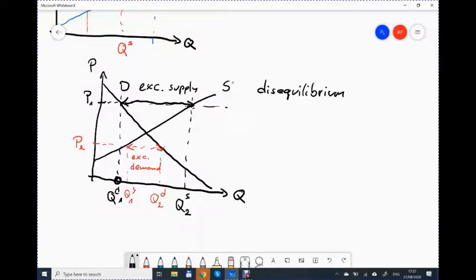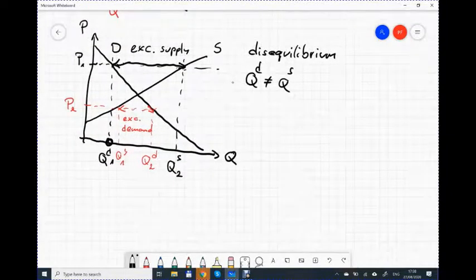So it is the lack of equilibrium, which means that the quantity demanded does not equal the quantity supplied. So the main idea behind this model is that the prices are going to adjust in this market so that finally the quantity demanded and supplied will equalize, and at that point we are going to have an equilibrium.